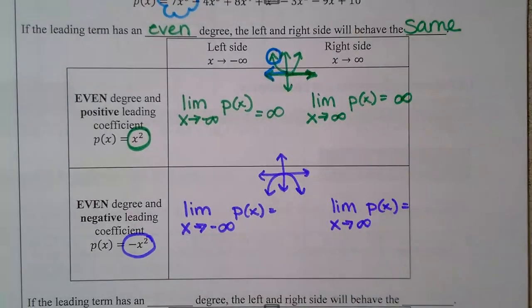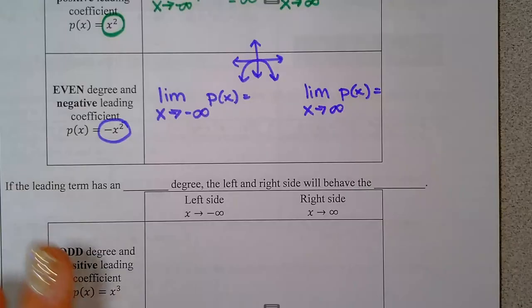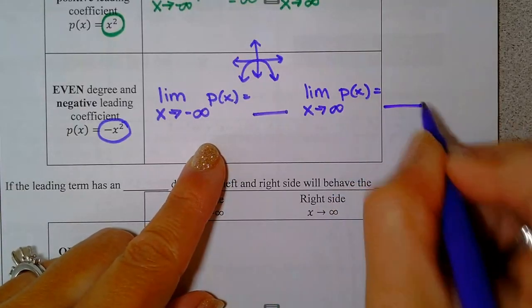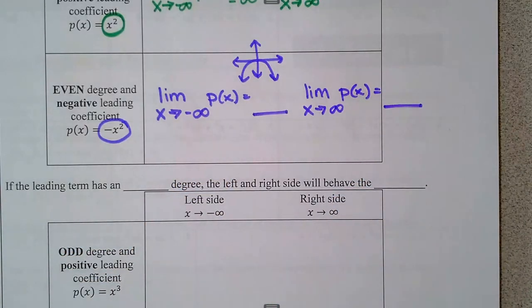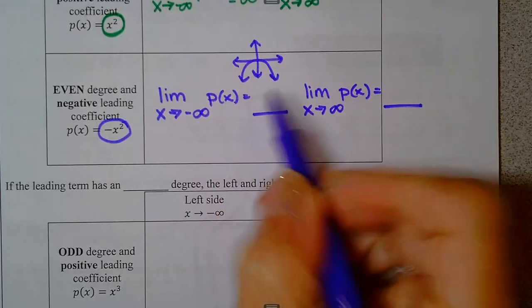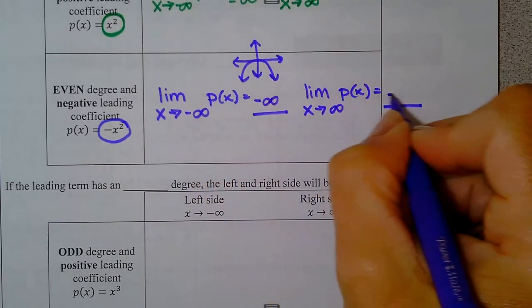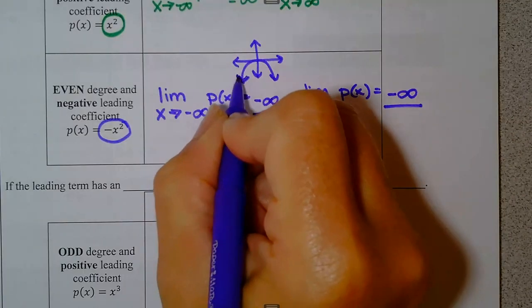Sometimes this will already be written for you with a blank and you'll just fill it in, which is kind of nice. But you also need to know how to write this. That's why we're writing it 17,000 times. On the FRQs, they're going to ask for limit notation, and if you don't do it right, you'll get marked down. So these are both going to negative infinity, aren't they? Both arrows are pointed down.